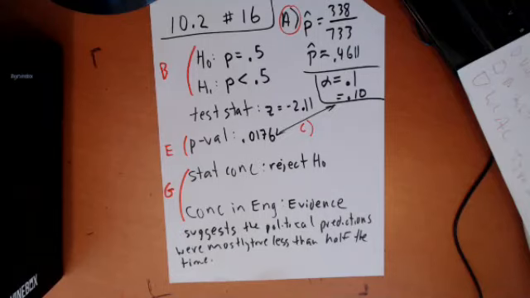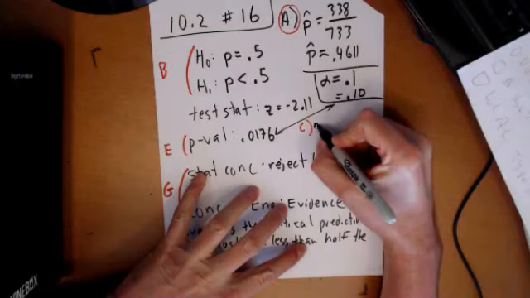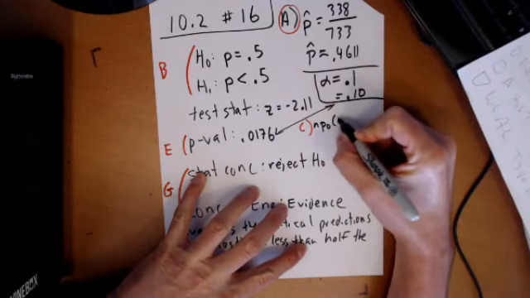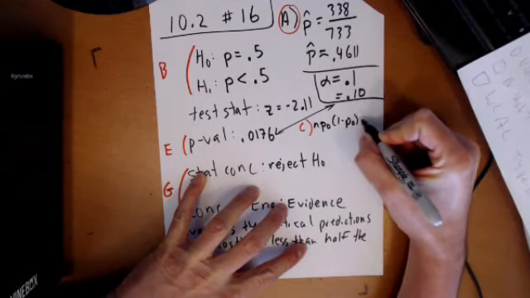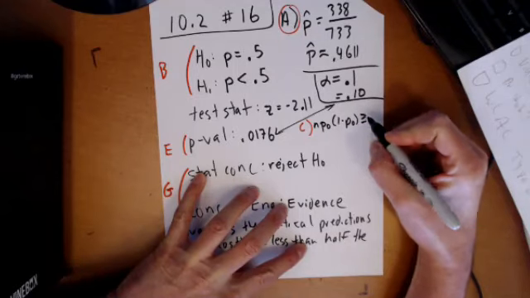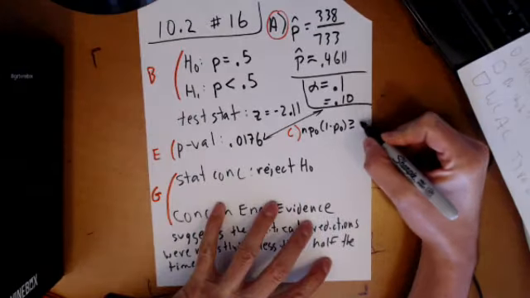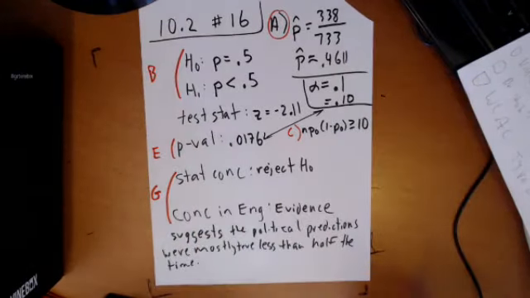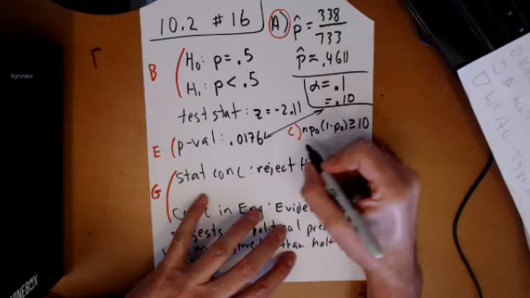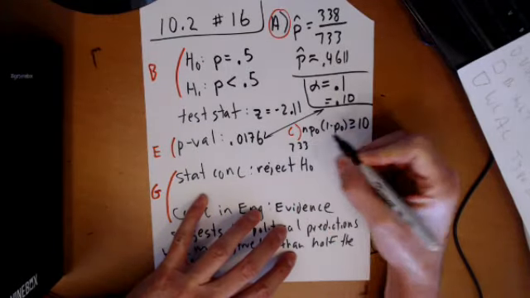verify the normal model may be used. So minimum requirements. So all we need to do is make sure that n times p naught times 1 minus p naught is greater than or equal to 10. So if we plug those in, n is 733.